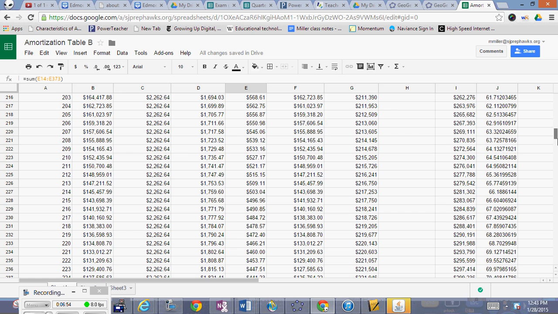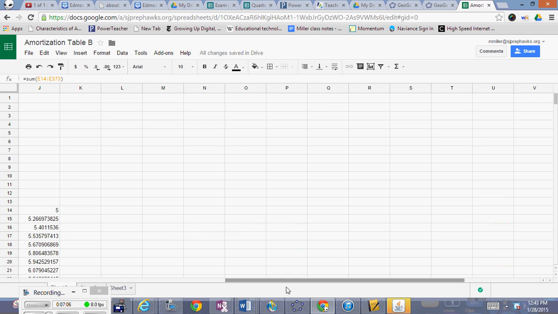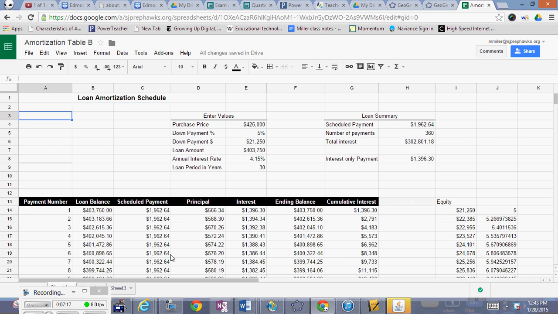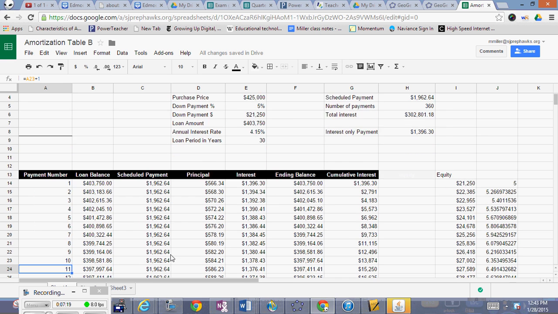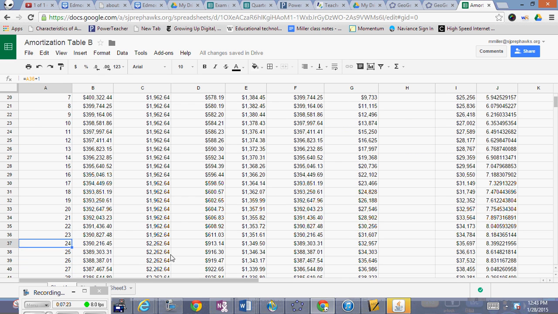So I've reduced my interest, saving about $66,000 in interest, by making that additional $300 a month payment. When did we begin that additional payment? After the second year we did.